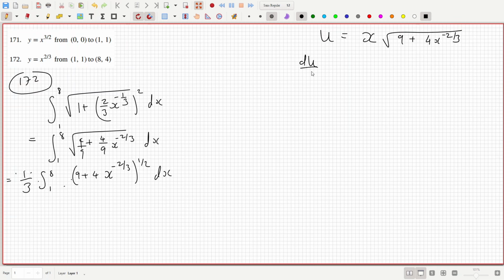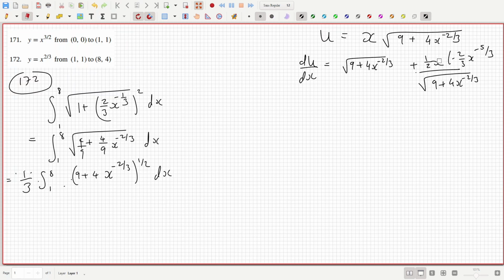So the x there will be the root part, which we have, 9 plus 4x to the power minus 2/3, plus x, and then bring down the power, reduce the power by 1, and then multiply by the inside derivative, which would be minus 2/3 x, and then reduce the power by 1, minus 5/3.